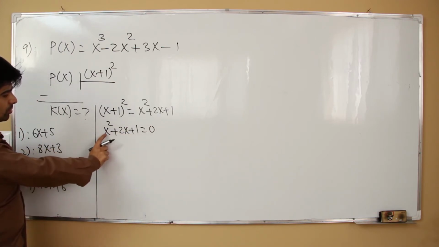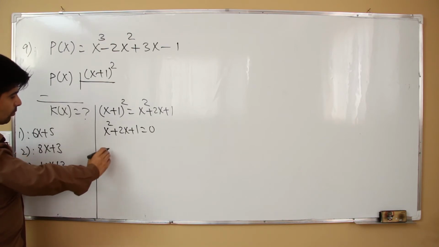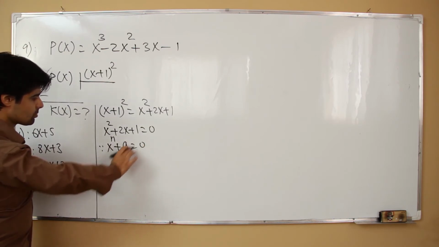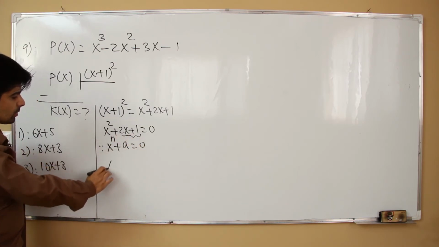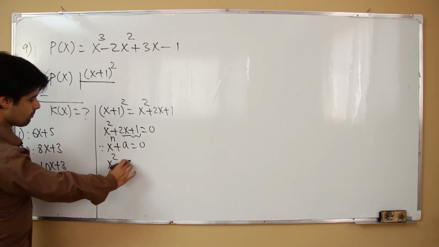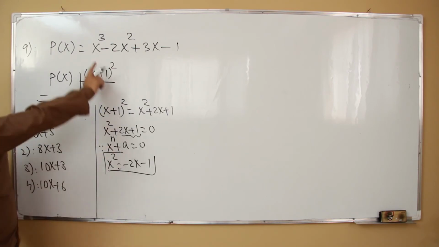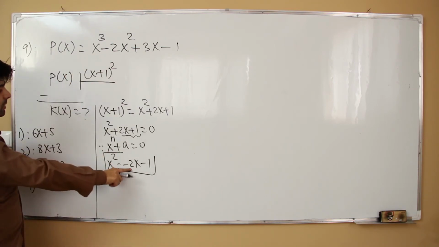Solve it for x squared. Why? Because it should take the form of x to the power n plus a equal to 0, and this one is a. So x squared is minus 2x minus 1. Now instead of x squared, you have to put this one.